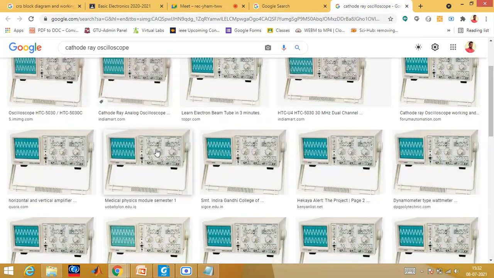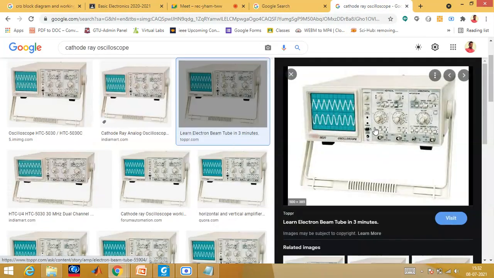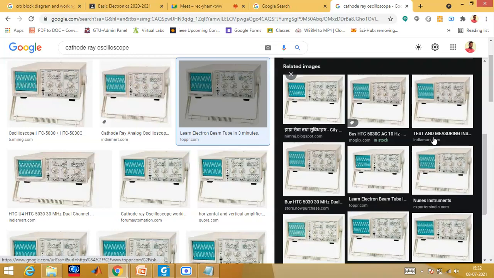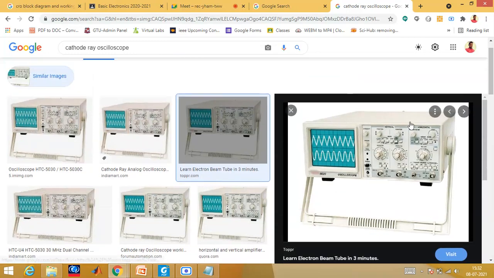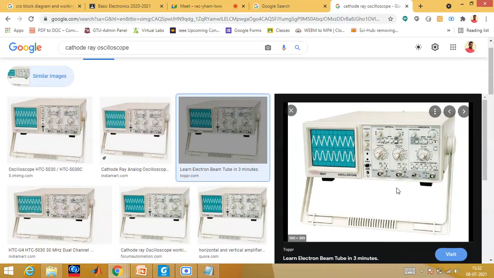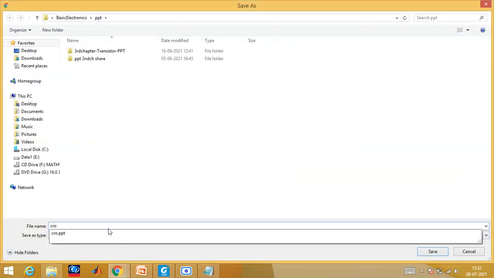See, there are different CRO images you can see. Now let's click and try to see a different perspective. I'll share this also, but I want to enlarge it. Let me see whether I can do it or not. I'll save this image also so that later on I can send you the CRO image.